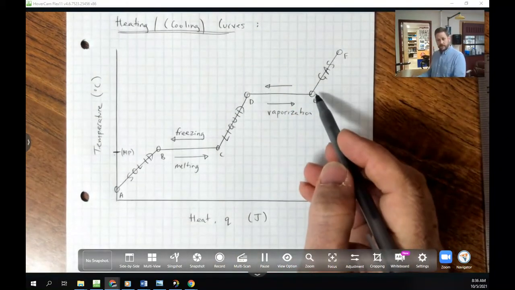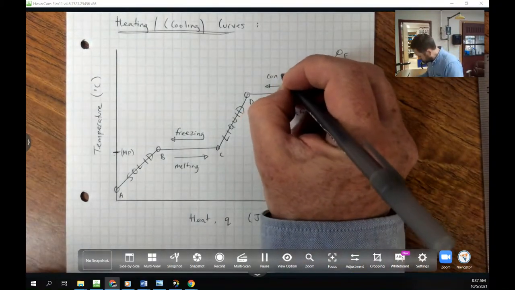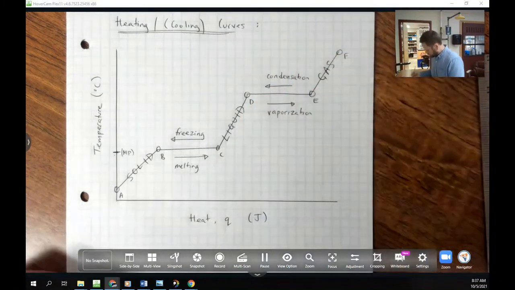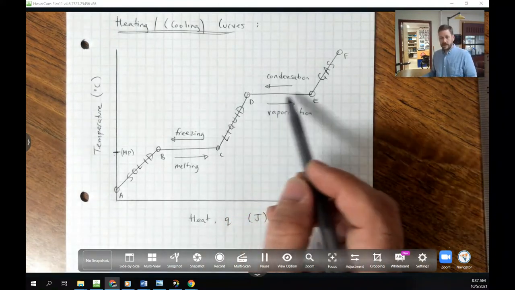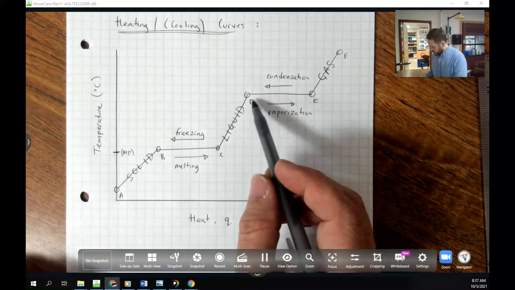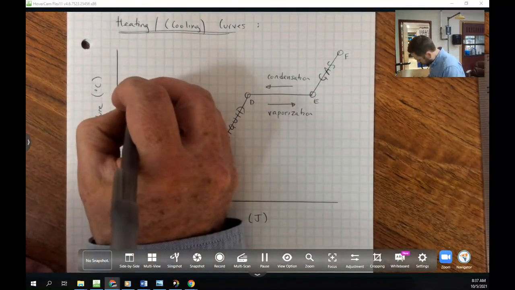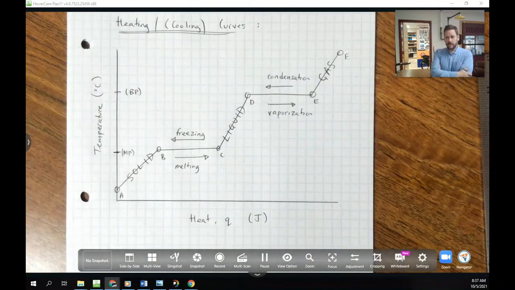And if I'm going from a gas to a liquid, that's called condensation. Notice that on line DE, if we are at that temperature, which corresponds to what we'd call the boiling point of the substance, then both gas and liquid can exist. So right at the boiling point, they both exist.